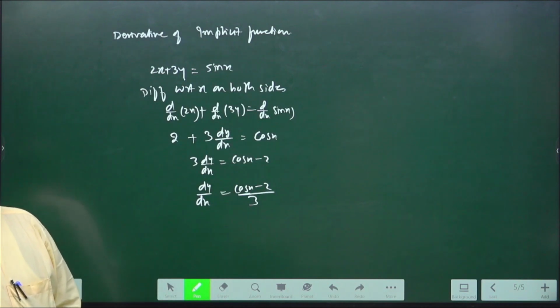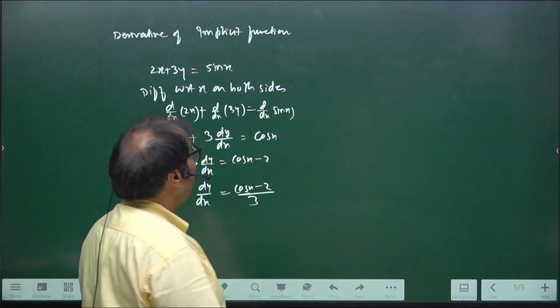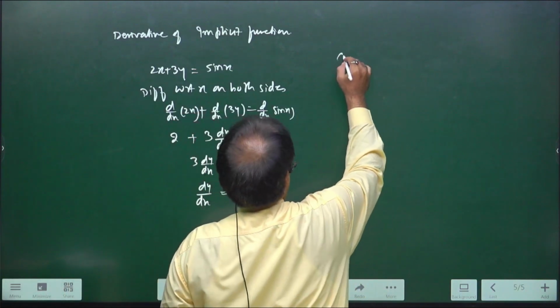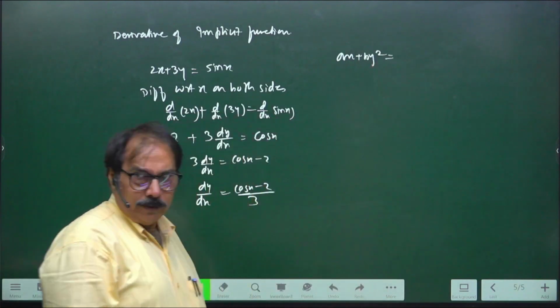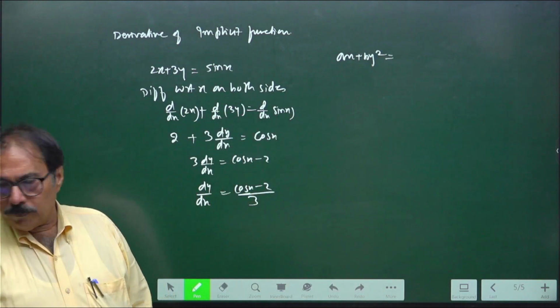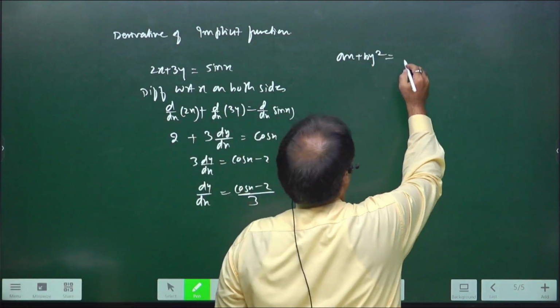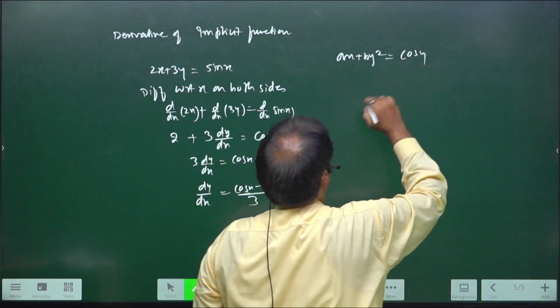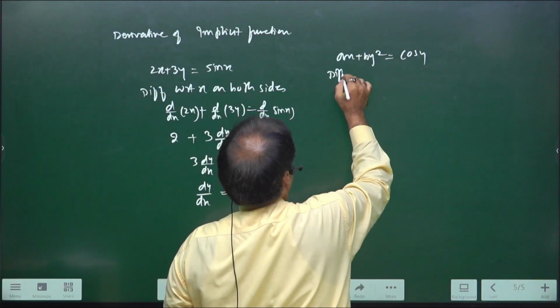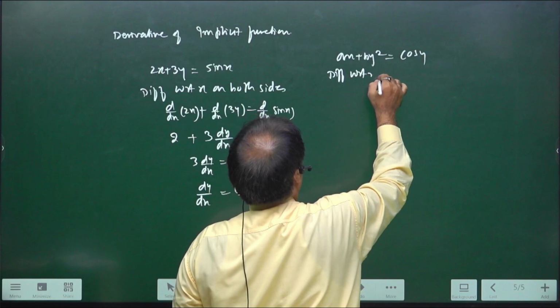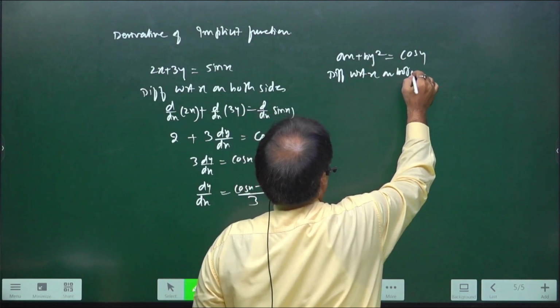Or we may take, suppose the question is ax plus by square is equals to cos y. Again, differentiate with respect to x on both sides.